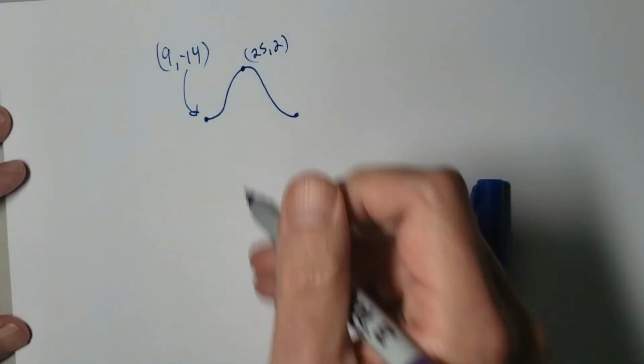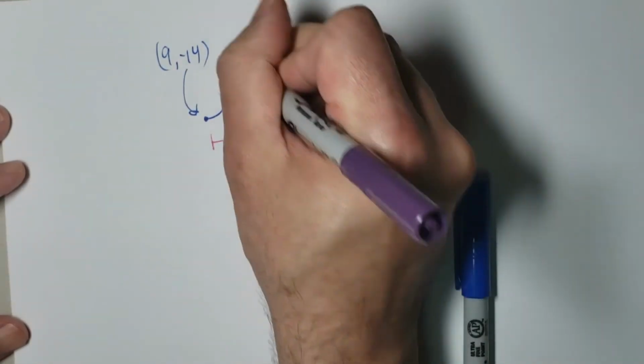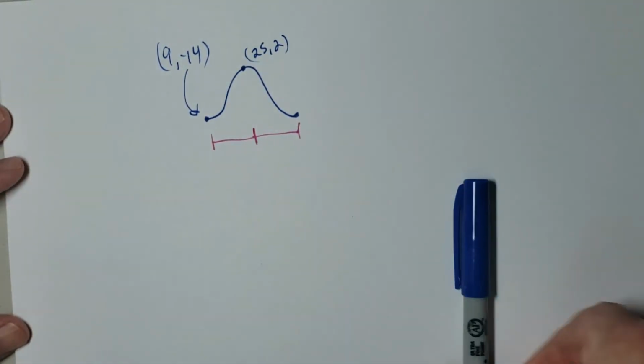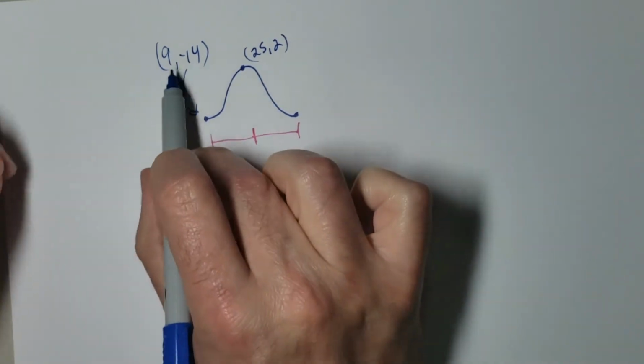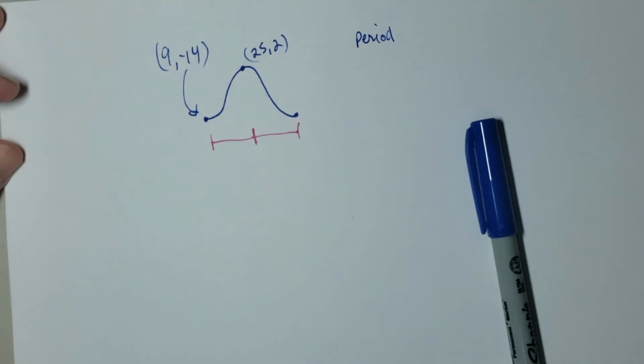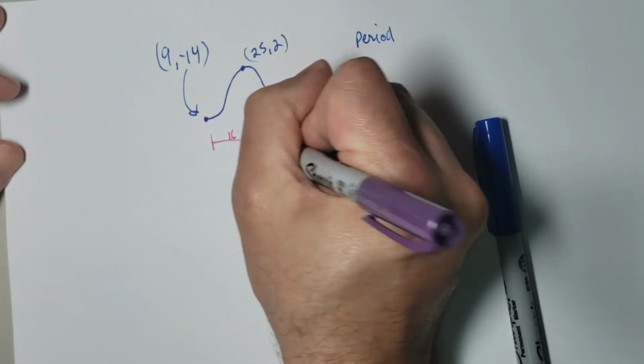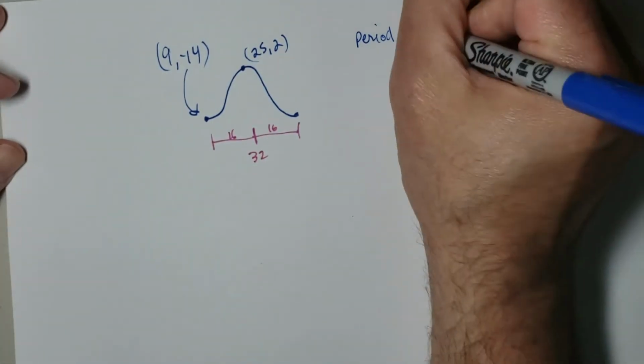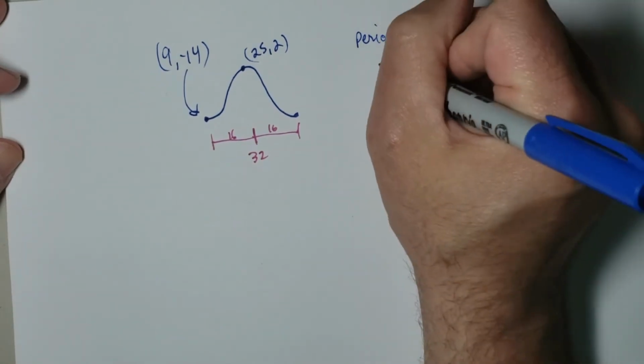So for this one, if this is the period, that's half the period. So if I went from 9 to 25, that's 16. So this has to be 16, so the whole thing has to be 32. So the period is 32.